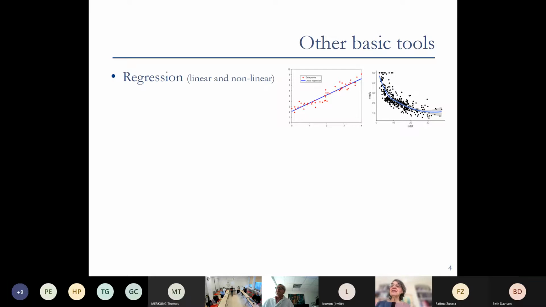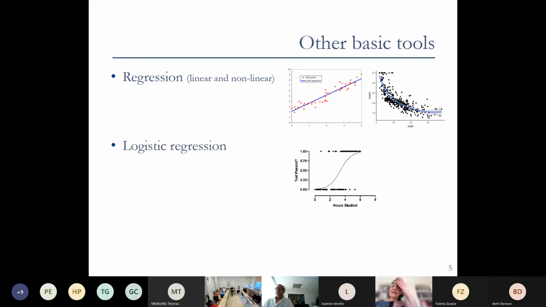There, the dots follow along a line, and in the curve on the right, it's a non-linear regression: there's a very definite relationship, but it's not linear.